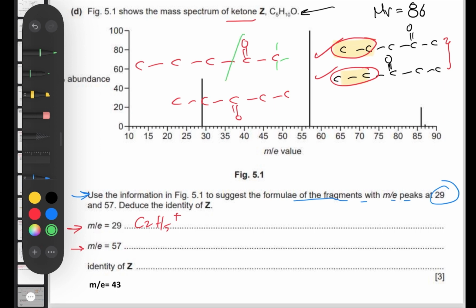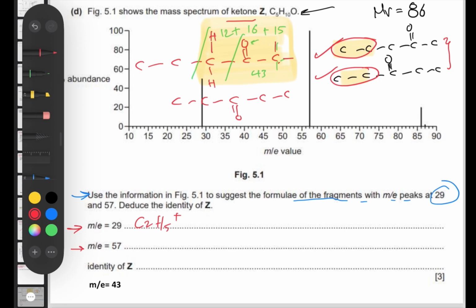Here we have 16 from this oxygen, and from 12, what will be the answer at that point? It's 43 so far. Now let's take another carbon, plus 12 plus 2 hydrogens. I can deduce that this fragment here represents a fragment of 57.